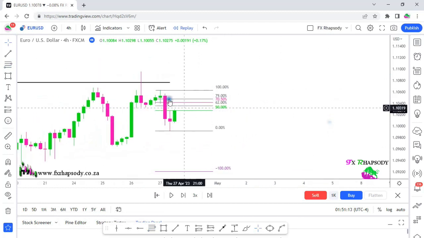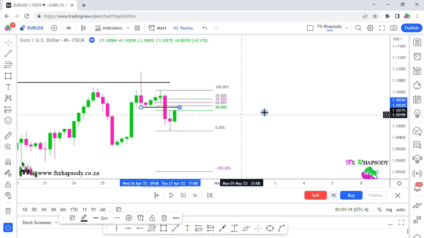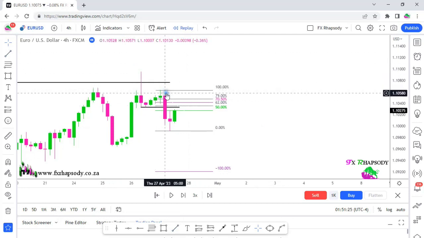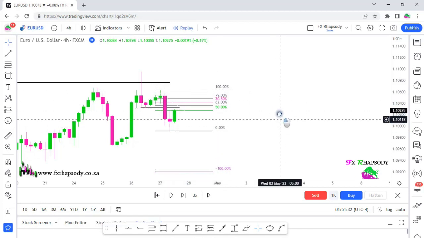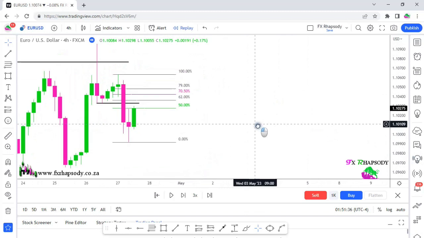You have a swing high over here because price broke this structure over there, as you can see. I'm not taking it from this swing high because price went up, formed another high, and then dipped down. So I'm taking it from the tip of that candle to that swing low on that end. Okay, that's where price turned again.